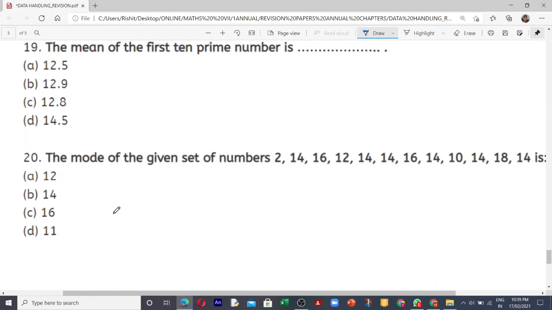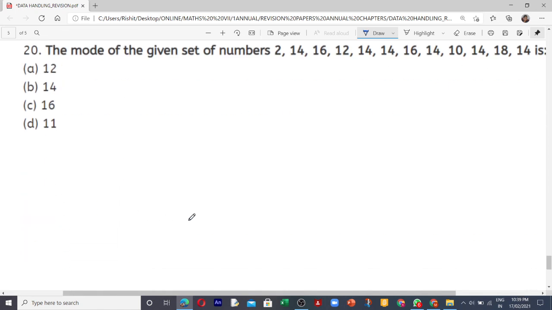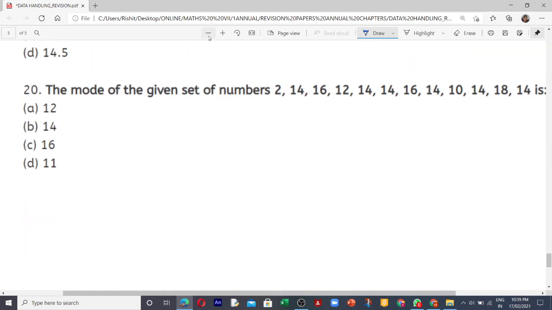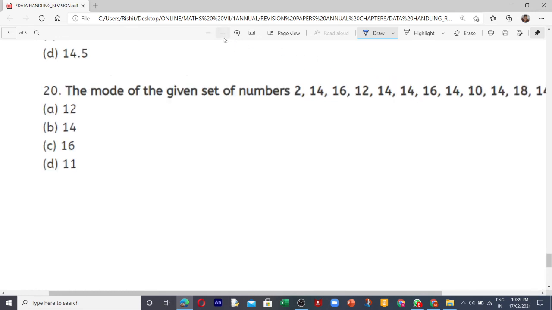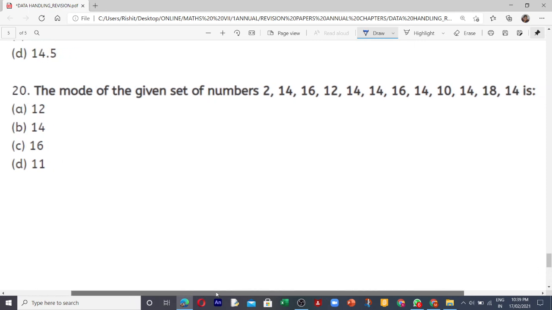Now see question number 20. 20 is the last question, children. So question number 20. See this. The mode of given set of numbers.